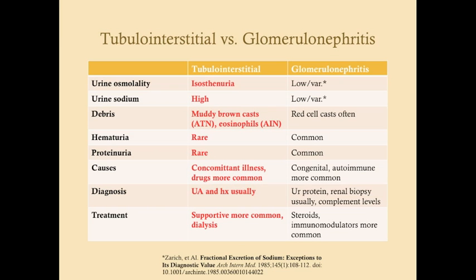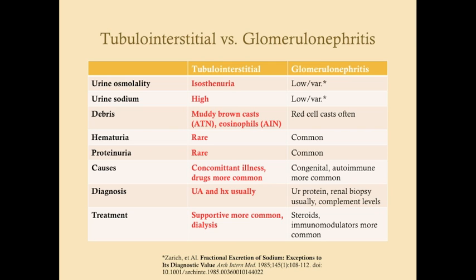So this is just a slide comparing the tubulointerstitial diseases and glomerulonephritis. One big thing to remember is that the urine osmolality in the tubulointerstitial diseases is going to be roughly the same as the serum osmolality, and that's because we have no reabsorptive capacity when the tubules are diseased.